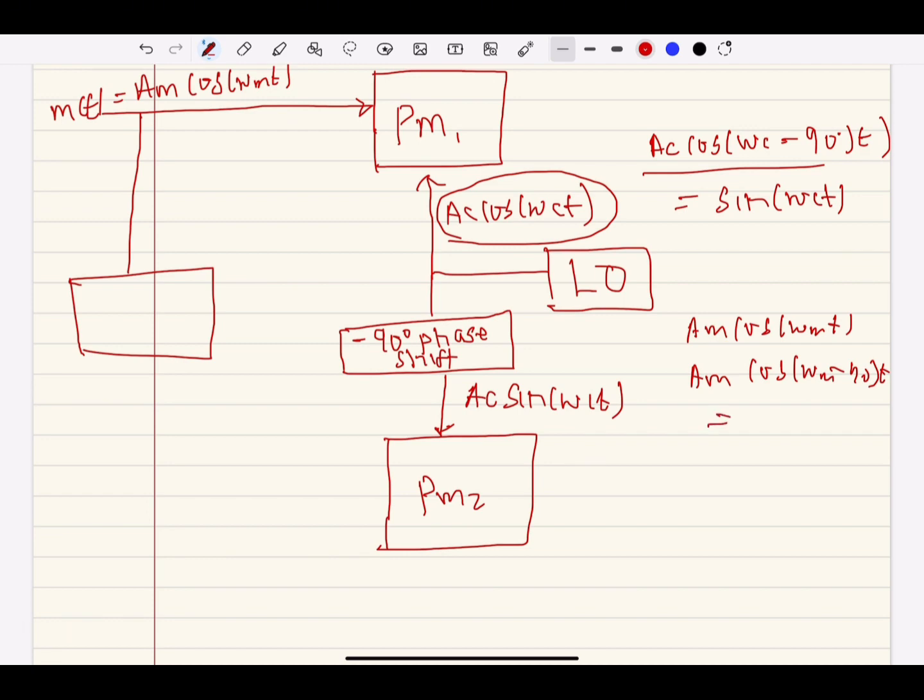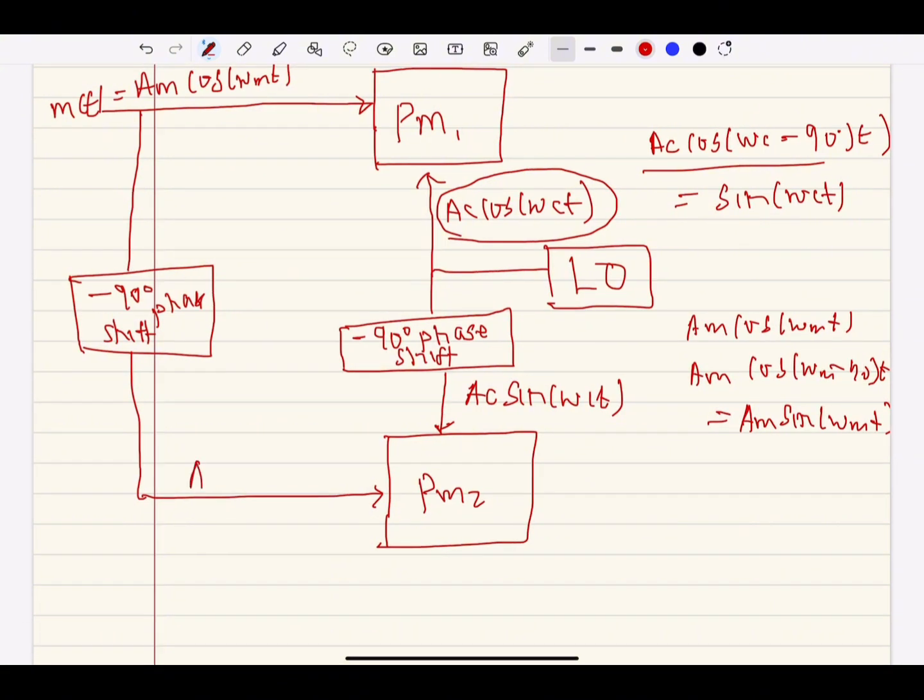And we all agree that this is going to give us Am sin ωm t. So this is what we call minus 90 degrees phase shift. And therefore, that is what is being fed into the product modulator 2, which is Am sin ωm t.